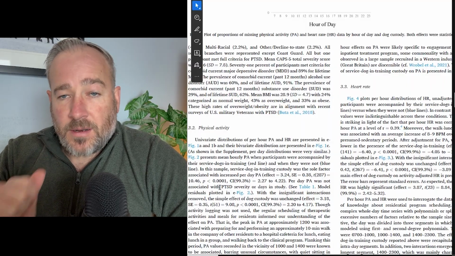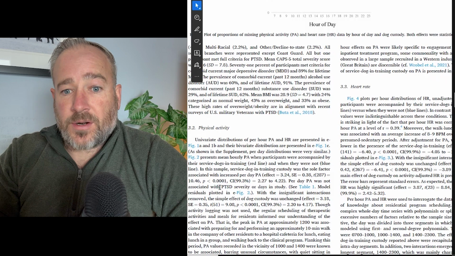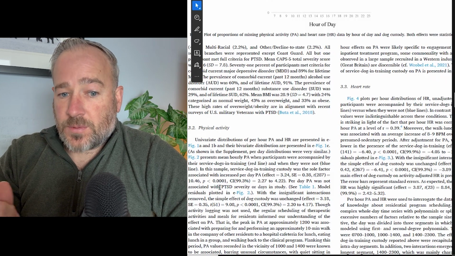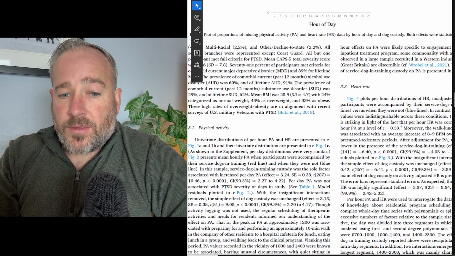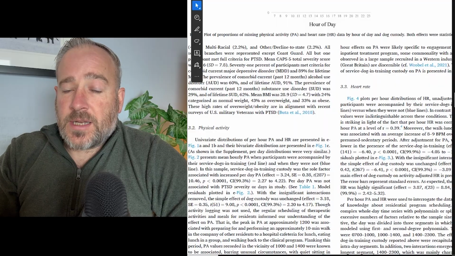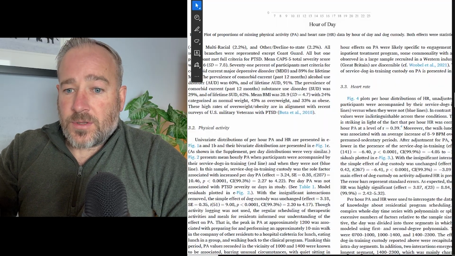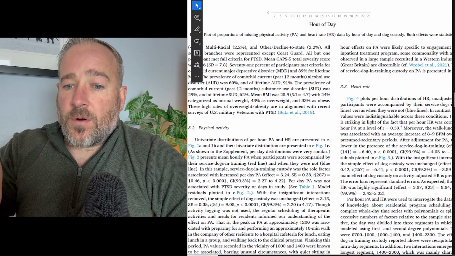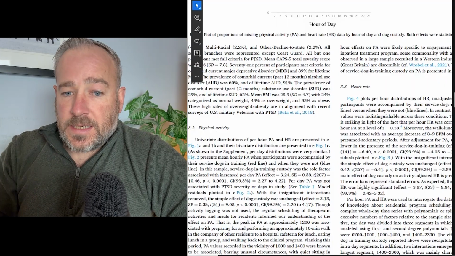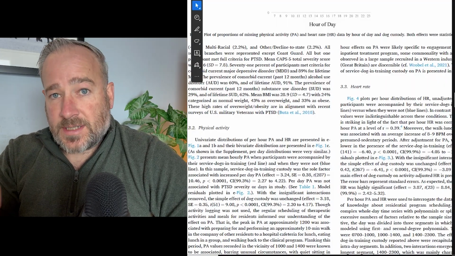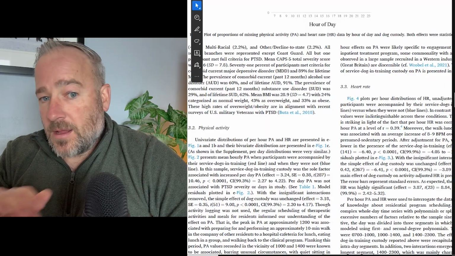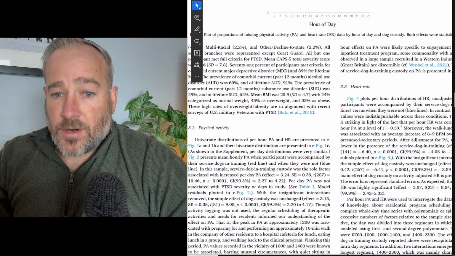Again, not why it matters, just what they found. And then third, PTSD severity did not explain these effects. So the thing that they were trying to account for did not numerically or statistically explain the effects. Not why, not why it matters, just the data.